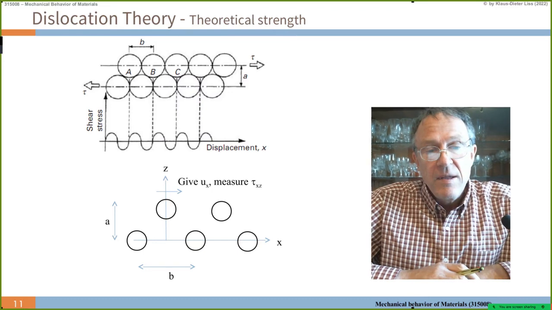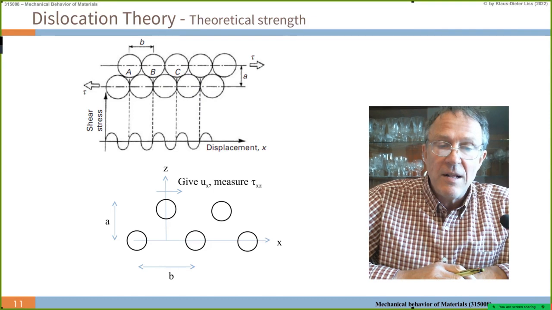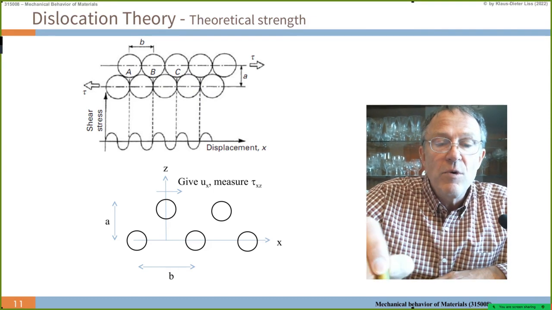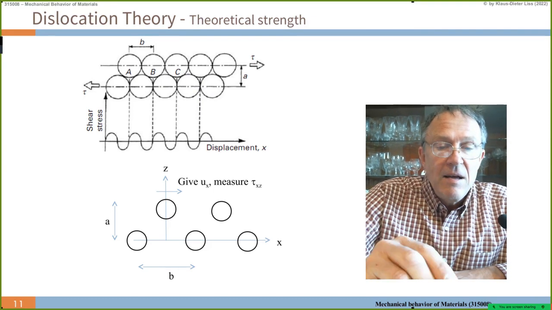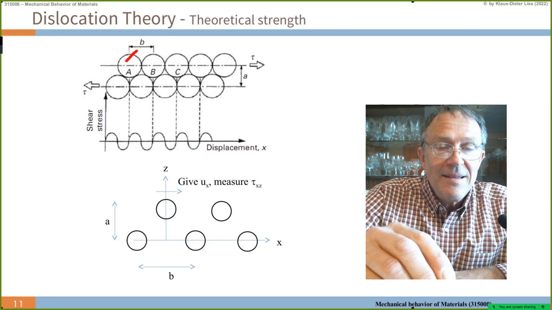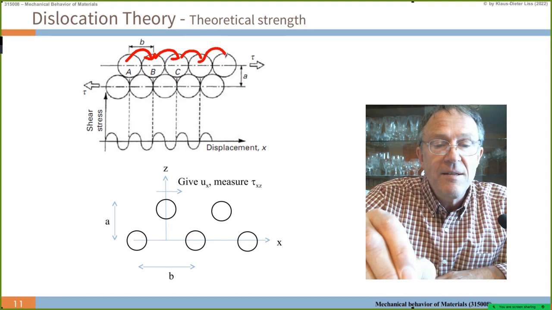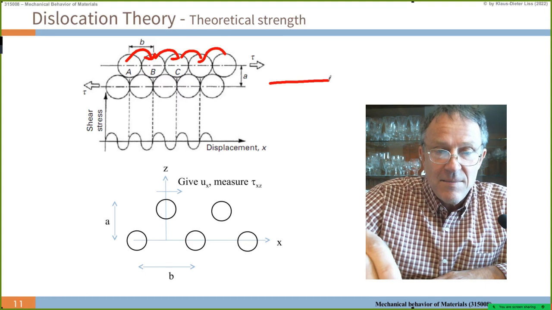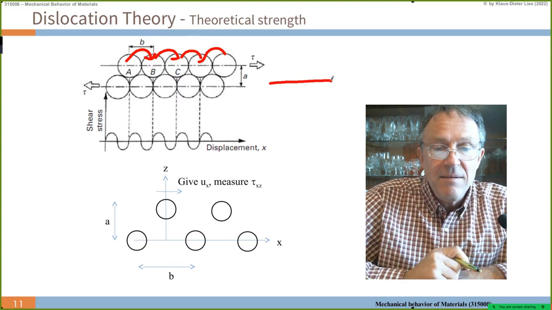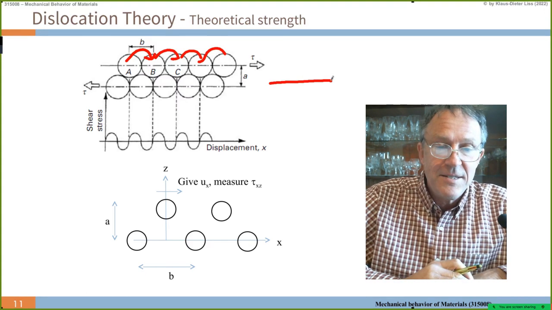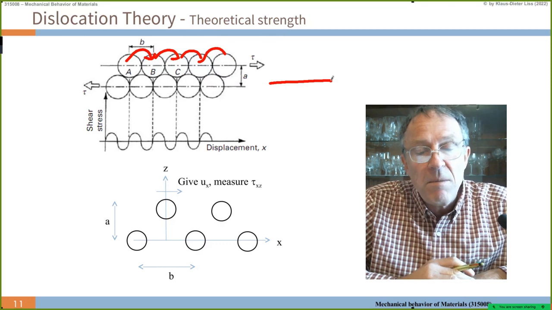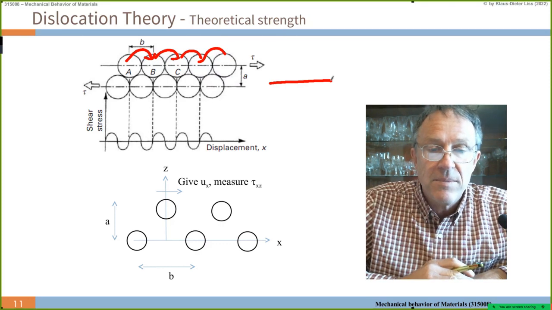Now, in this model, when we move a plane, the atoms go from location A to B, and B to C, and C to D, and so on. This means we have the bottom plane, let's say static, and then we have the top plane which we want to slip.